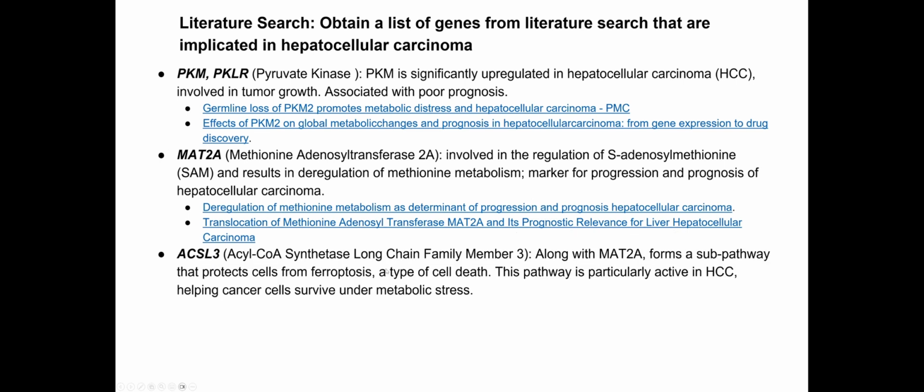The third gene this colleague was interested in was acyl-CoA synthetase long chain family member 3, which along with MAT2A forms a subpathway that protects cells from ferroptosis, a type of cell death. This pathway is particularly active in hepatocellular carcinoma, helping cancer cells survive under metabolic stress.